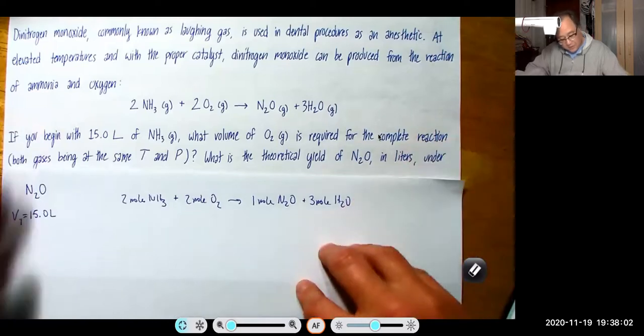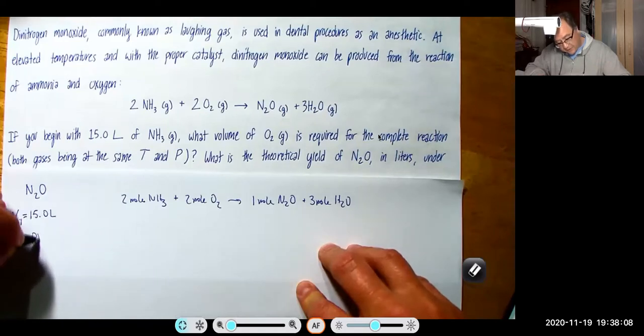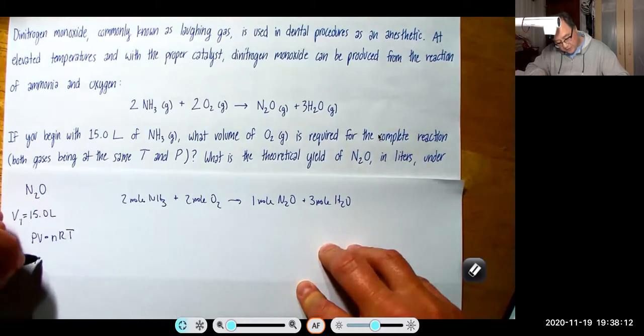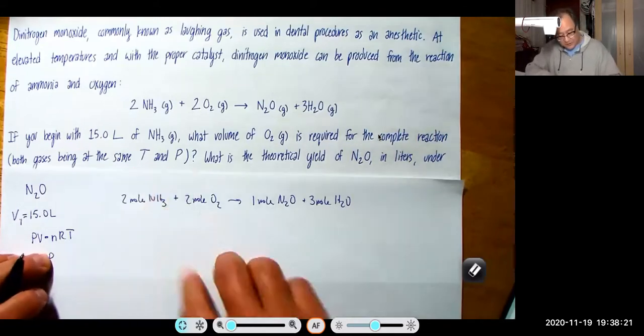But remember that when we look at the ideal gas law, PV equals nRT, we can see that n is proportional to P and n is proportional to V. We're not going to worry about temperature because here we have the same temperature and the same pressure.